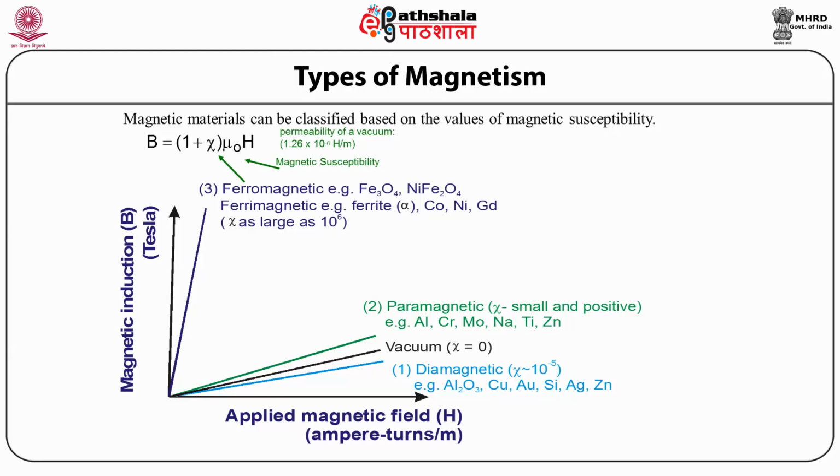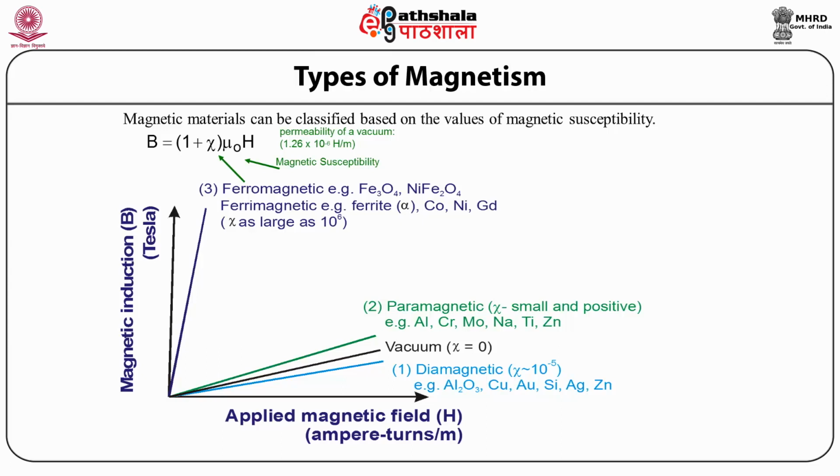Paramagnetic materials, which are represented by graph 2, have the magnetic susceptibility equal to 0. And the materials which exhibit the paramagnetic behavior are aluminium, chromium, molybdenum, sodium, titanium, and zirconium.